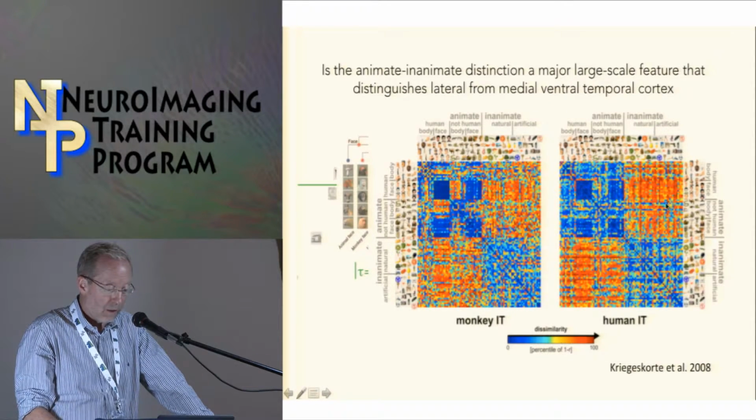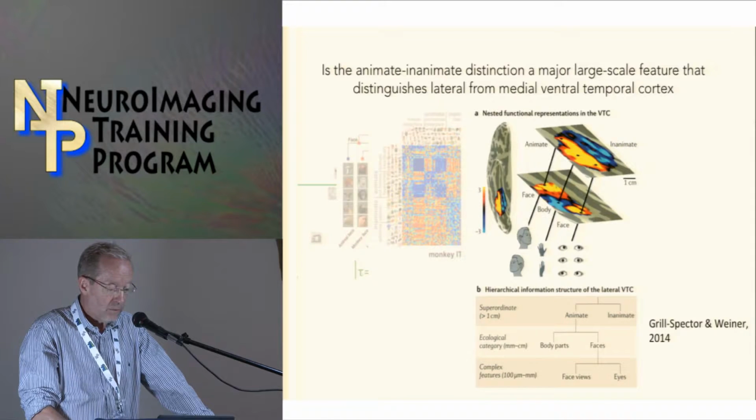So that seems to be, and then in the paper by Grill-Spector and Weiner, they hypothesized that there are these nested representational distinctions in ventral temporal cortex, and the overarching one is animate versus inanimate.